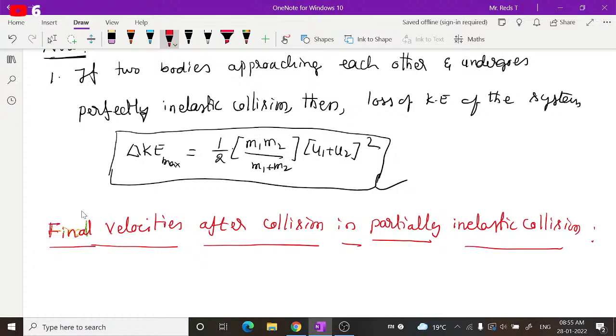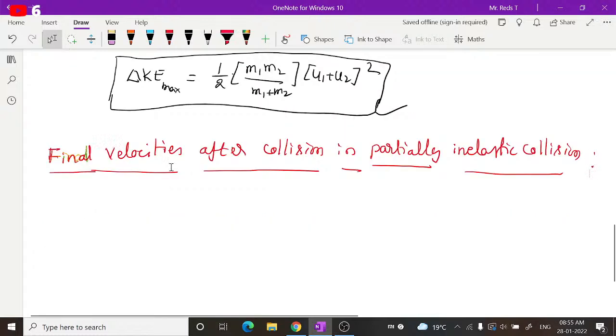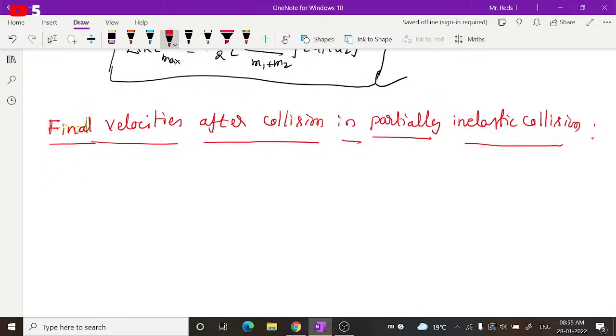are given by, so write down these expressions. Directly, I am giving you the expressions, guys. The derivations we will not discuss here.